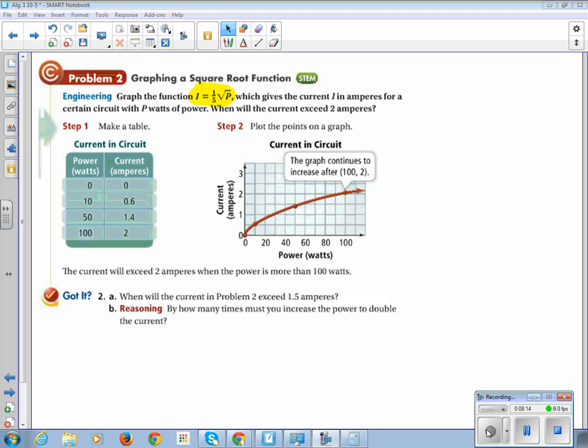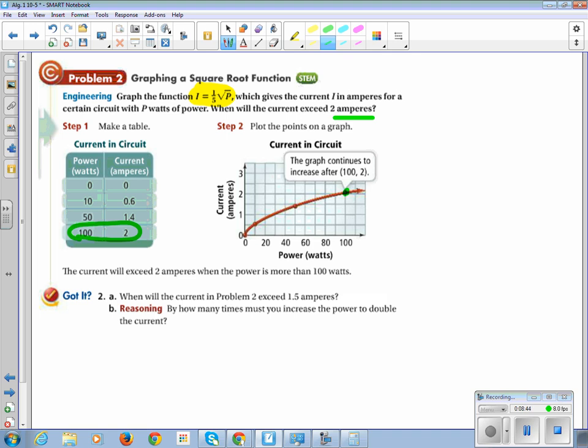So step number 1 was to make a table, and step number 2 was to plot the points. So once they did that, they saw that, because their goal was 2 amperes, they saw that when they plugged in 100, they got out 2 amperes. The current will exceed 2 amperes when the power is more than 100 watts.